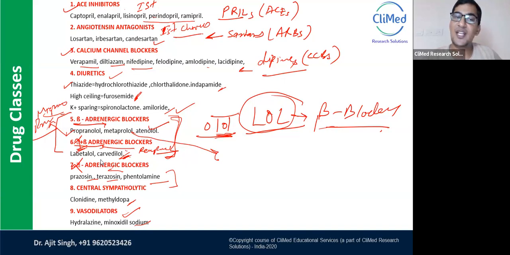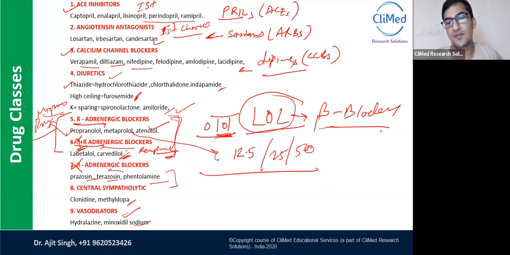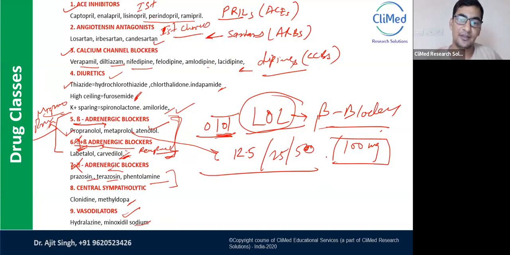Metoprolol is either 12.5 mg, 25 mg, or 50 mg. Sorry, and the highest dose is 100 mg for metoprolol per day. So metoprolol is 12.5, 25 or 50 mg. That's the question here.